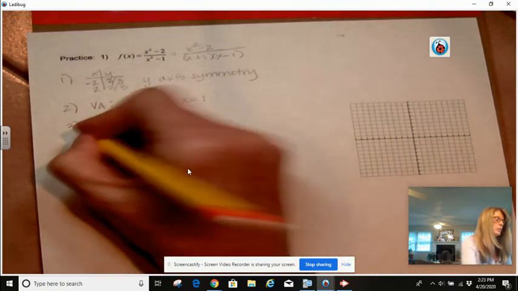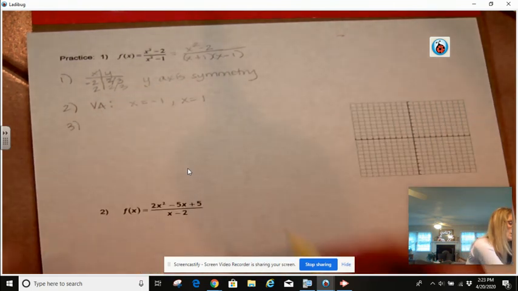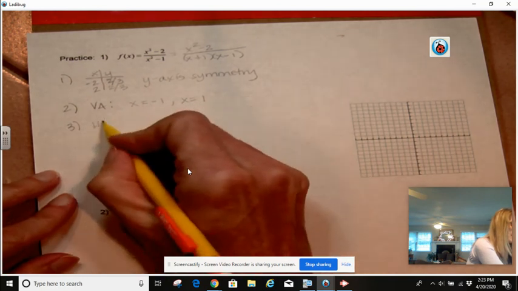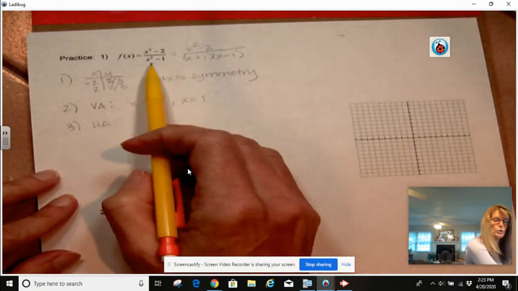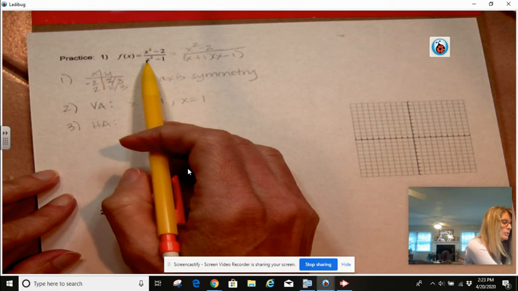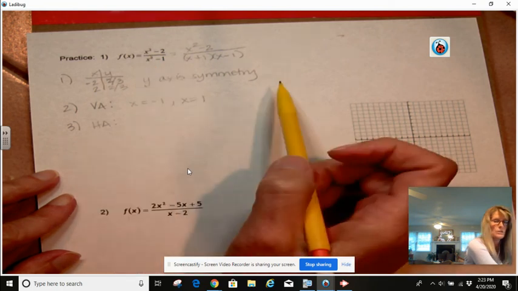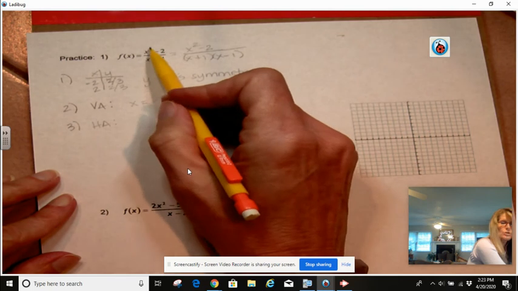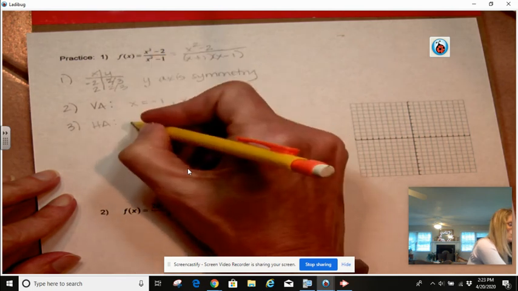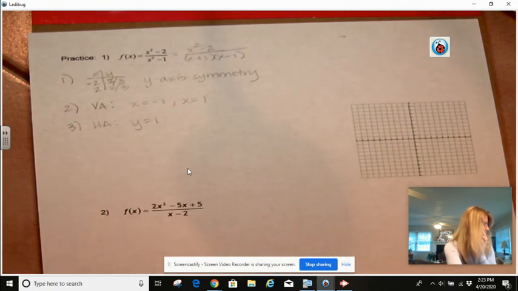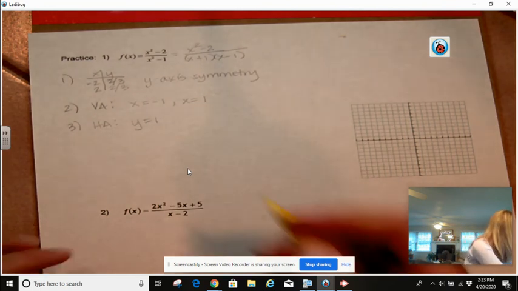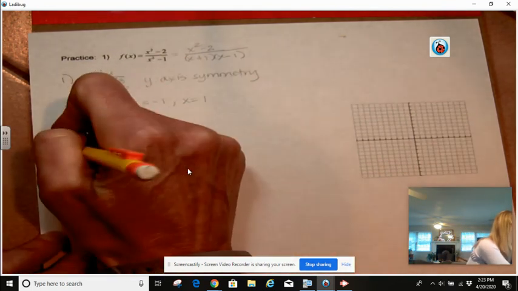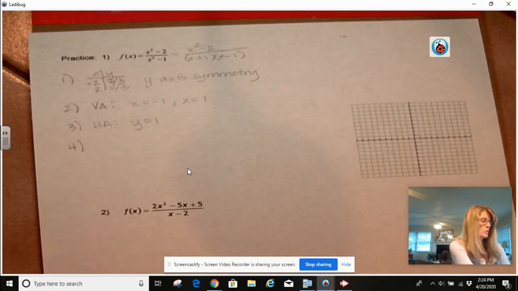Next step is horizontal or slant asymptotes. This is a limit to infinity rule 2. The degree of the numerator is the same as the degree of the denominator. So that would tell me that it would just reduce x squared over x squared, and y equals 1 would be my horizontal asymptote. Number 4, does the horizontal asymptote get crossed?